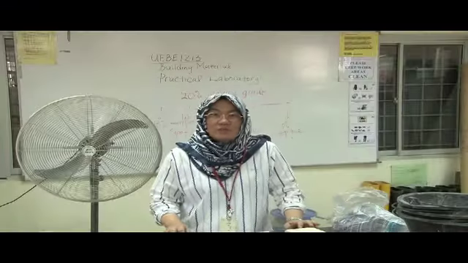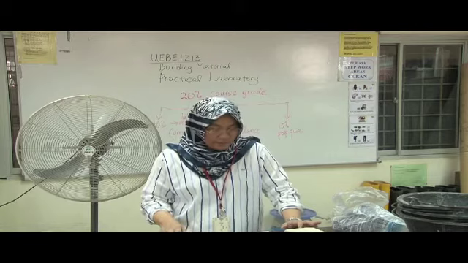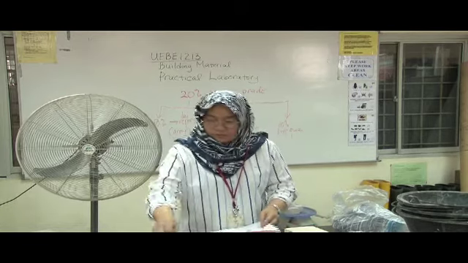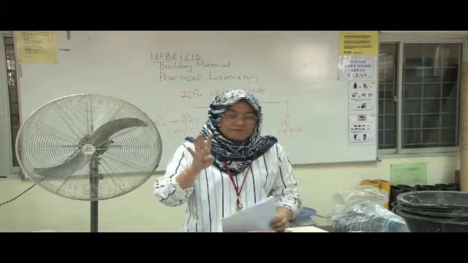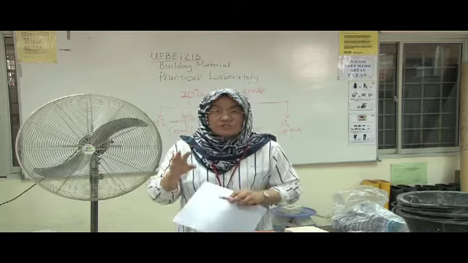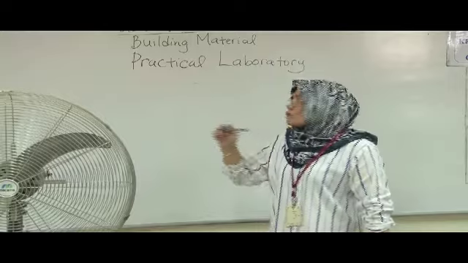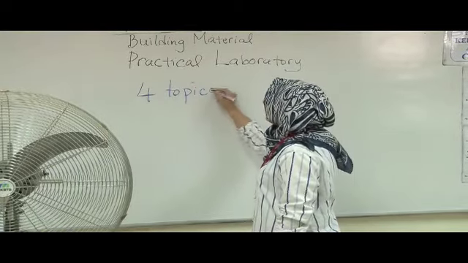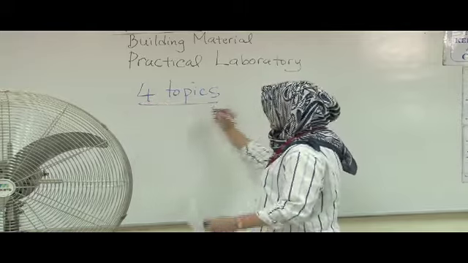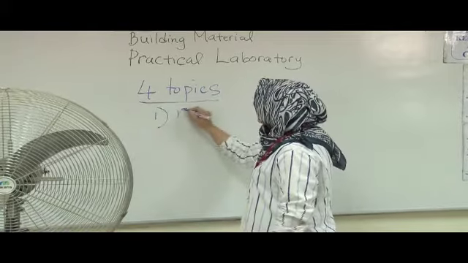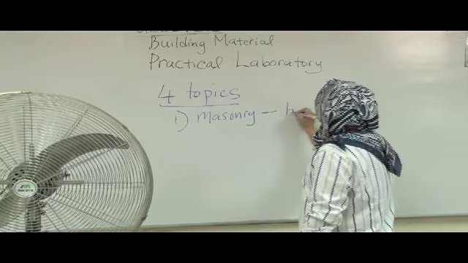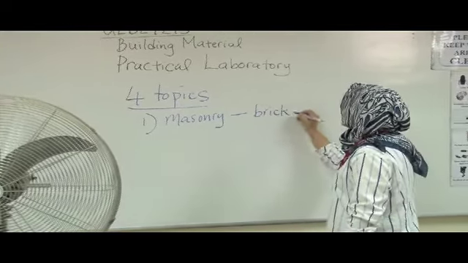In this laboratory, we'll be covering 5 topics, but out of the 5, we'll have 4 materials. We'll be covering 4 topics in this lab. One will be looking at masonry, brickwork, all the bricks that we use.